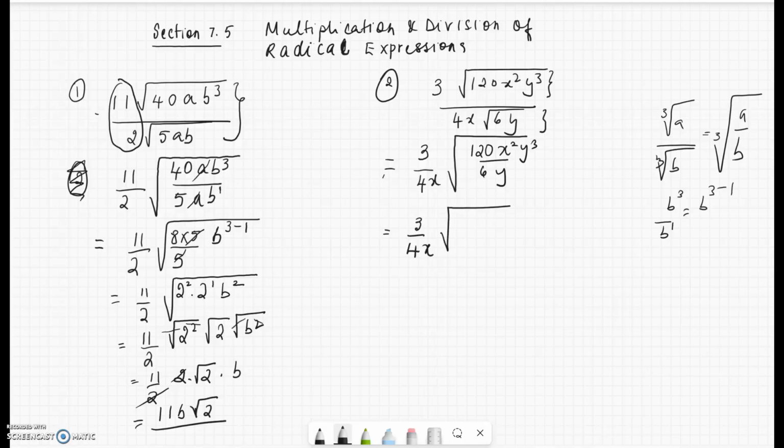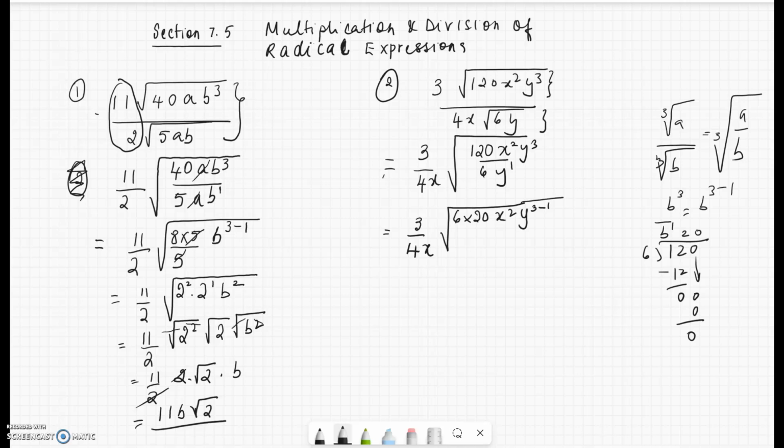Square root of 120 divided by 6. 6 times 2 is 12, 0. So that is 6 times 20 is 120. And then I have an x squared and then a y cubed in the numerator, but there's a y in the denominator, which is y to the 1.